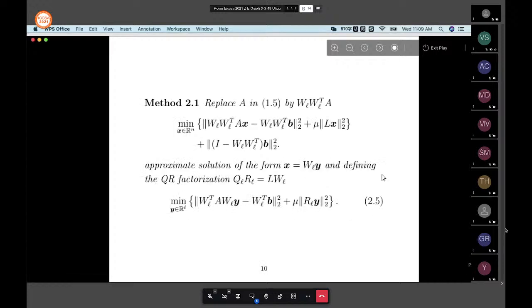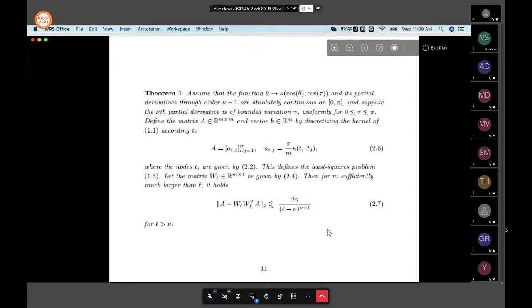So the first method we propose is very straightforward. We replace matrix A by W_L W_L transpose A, which is basically the orthogonal projector onto the range of W_L times A. Then after a substitution of the approximated solution X and some simplification, QR factorization, we arrived at a low dimensional minimization problem, which costs much less to solve. We also proved this theorem.